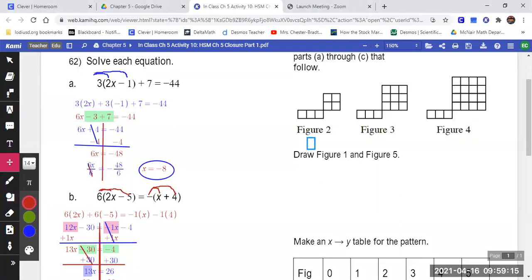How many tiles are in figure 2? 7, okay. How many tiles are in figure 3? I don't think it's 12 for some reason.